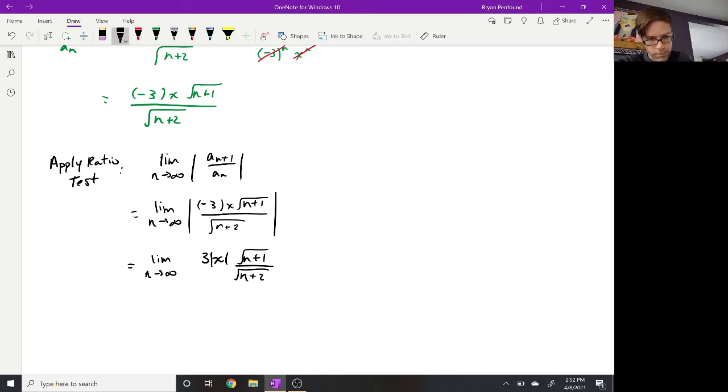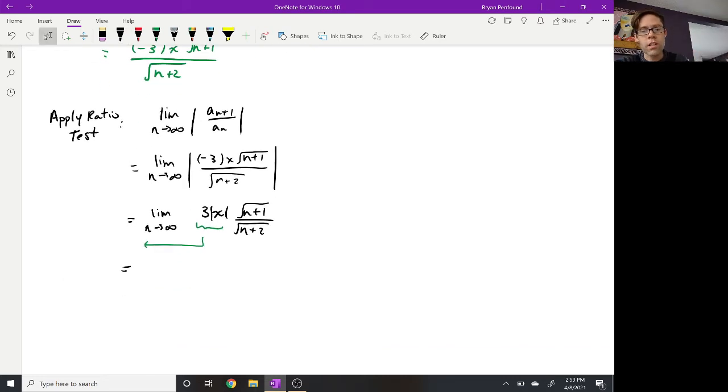like so. Now this stuff doesn't depend on n, so we can actually pull that outside of the limit so that we can figure out where this limit goes. So let's move that 3 absolute x out and take a look at what's happening with the limit of these two square roots.